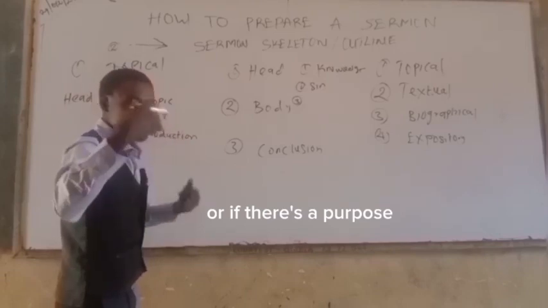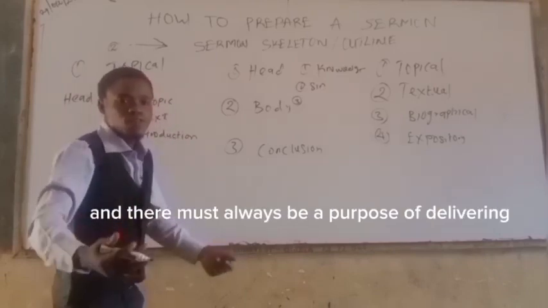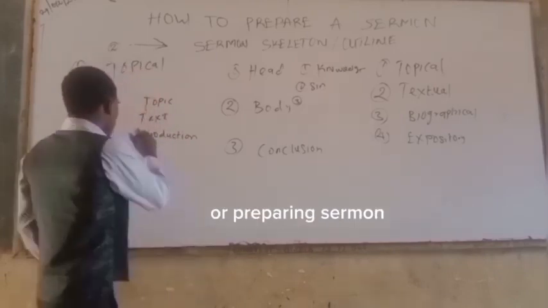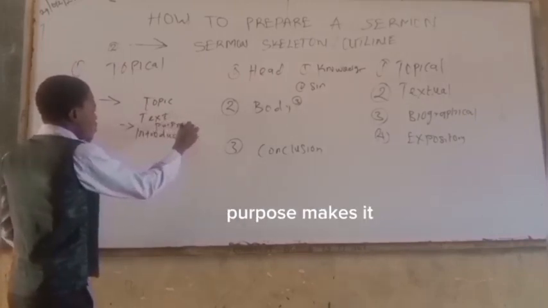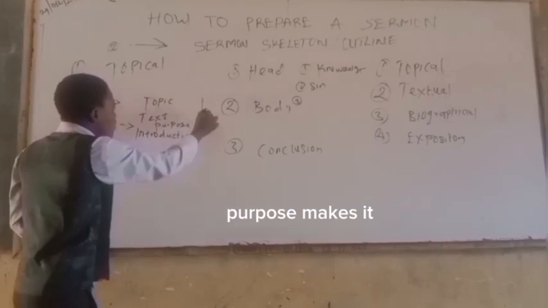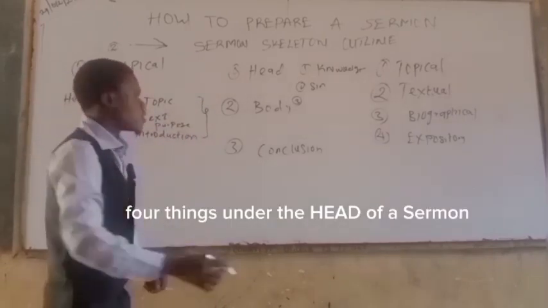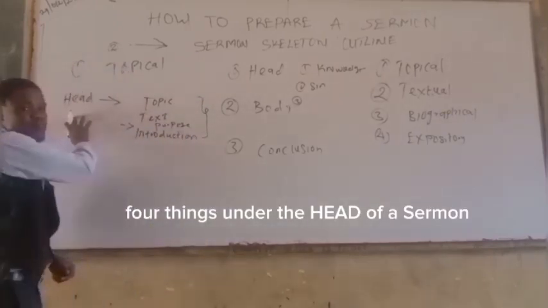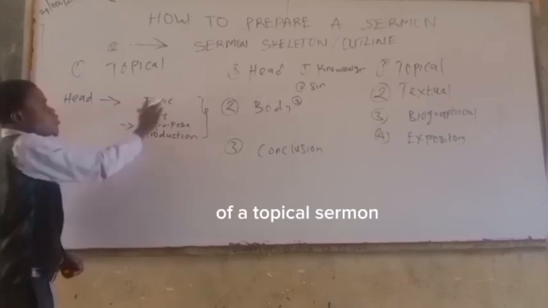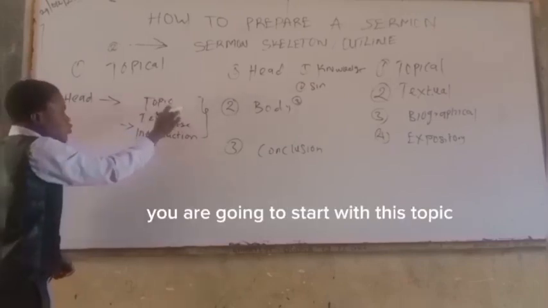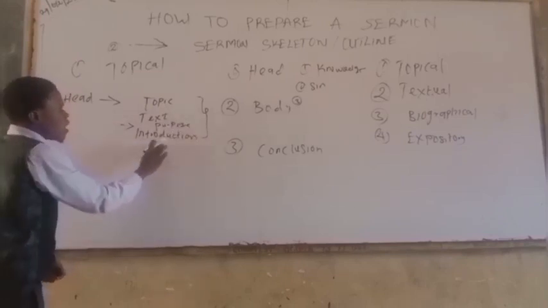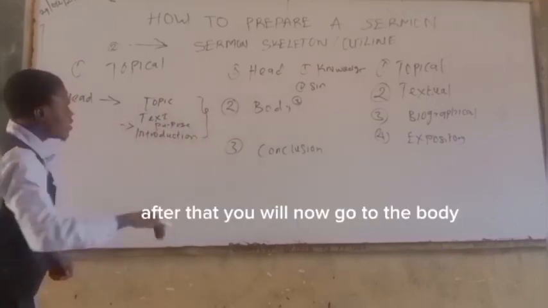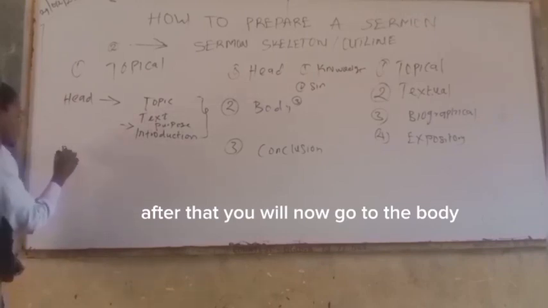If there's a purpose, and there must always be a purpose for delivering or preparing a sermon, you can include it here. And 4, the introduction. That makes it 4 things under the head of a topical sermon. You are going to start with the topic, the next one will be the text, the one that will follow will be purpose, and the last one introduction. After that, you will now go to the body.